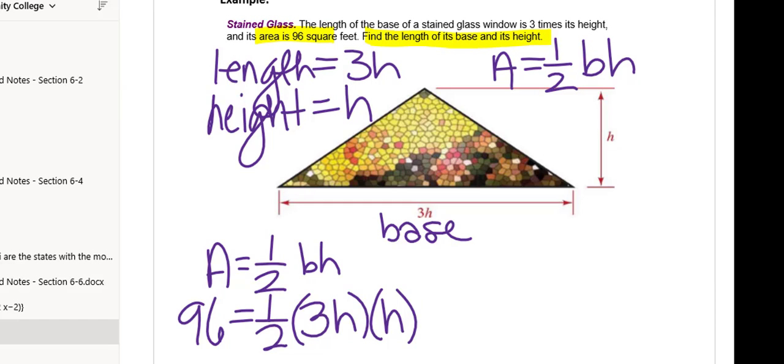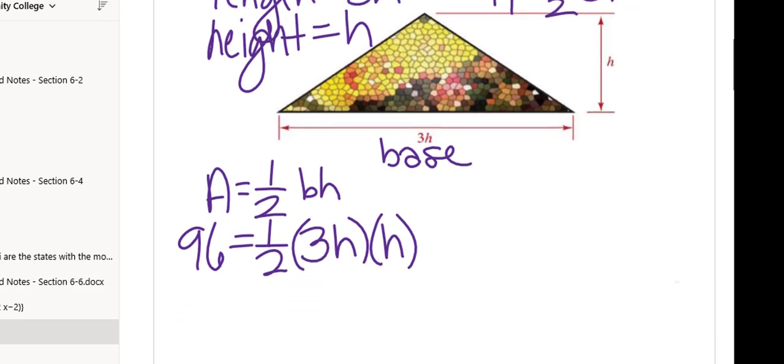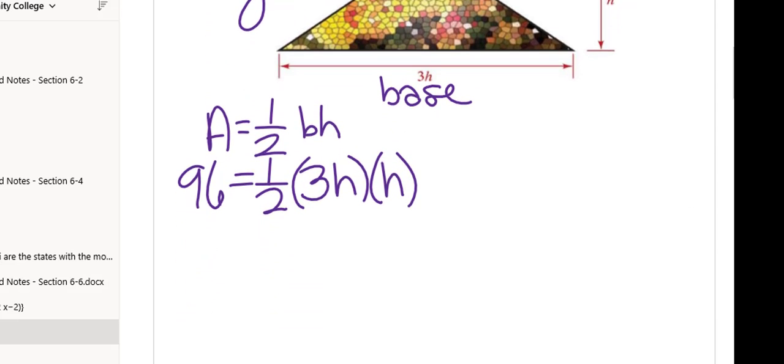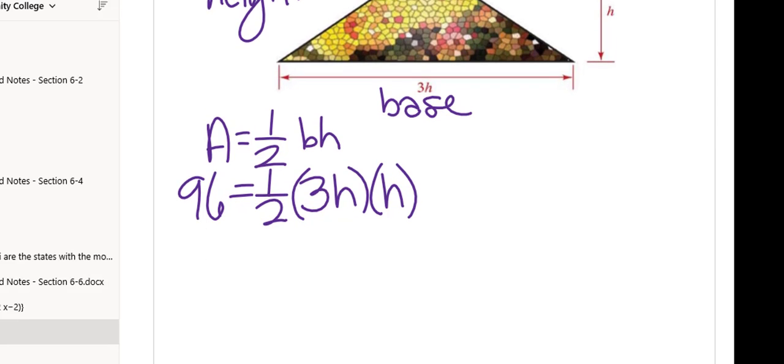Now I'm going to simplify. When I simplify this, because I'm getting back to my algebra, I'm going to write 96 is equal to, the 3 will go above the 2, and then I have h squared. 96 is equal to 3 halves h squared.